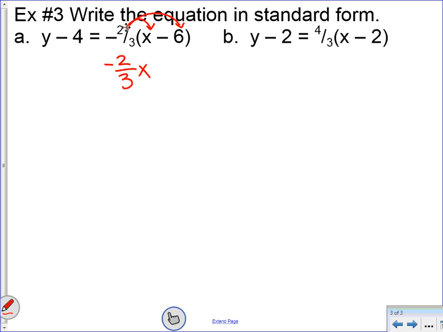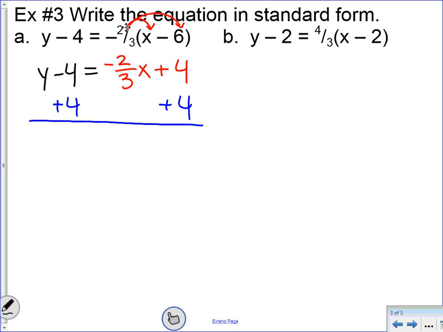Negative 2 over 3 times negative 6 will be positive 12 over 3, which is 4. I'm going to bring down my y minus 4, and just like before, I'm going to add 4 to the other side. When I do this, it will give me y equals negative 3 over 2x plus 8. Now this is only slope-intercept form. I need to put this in standard.